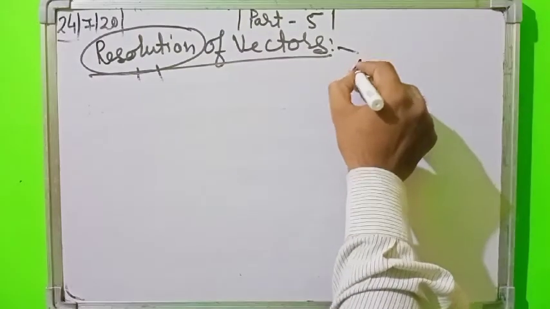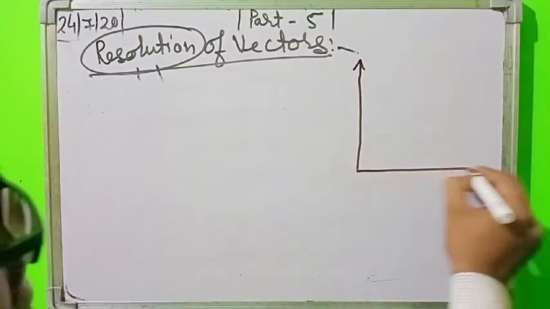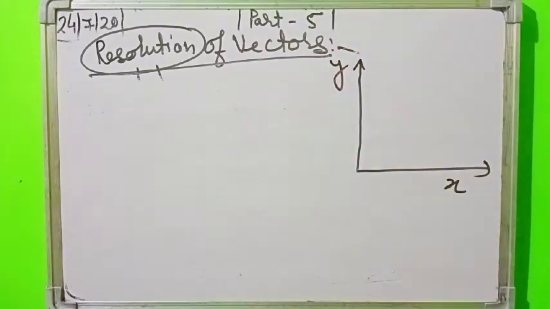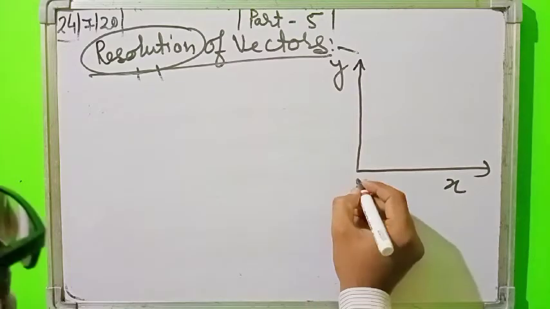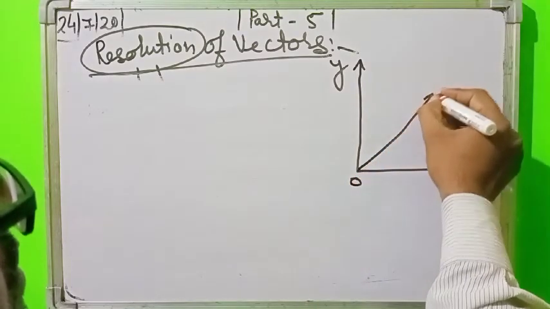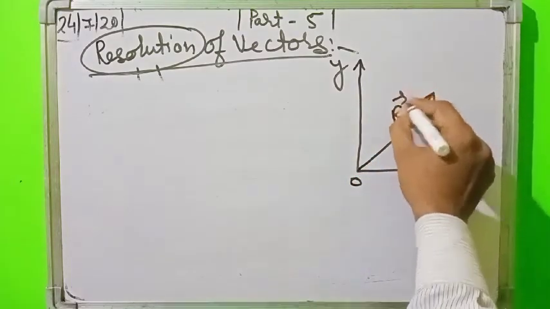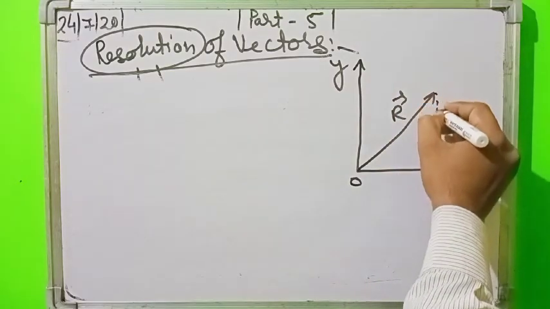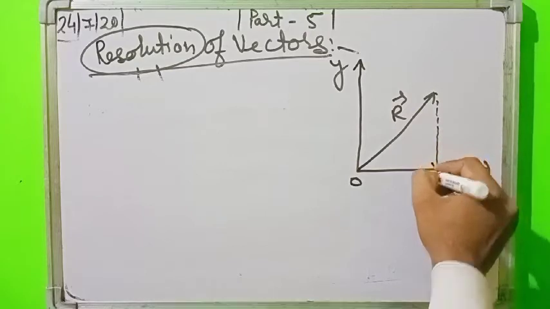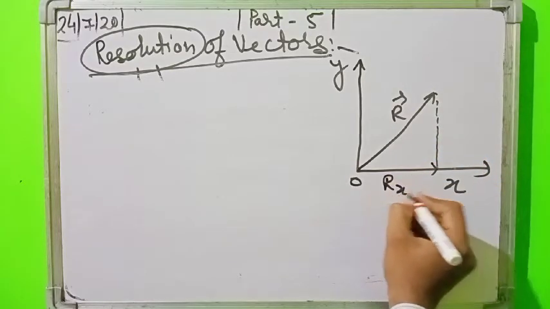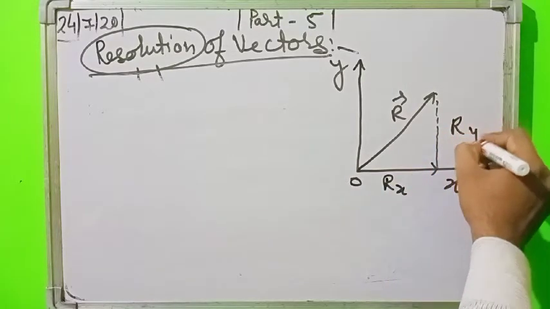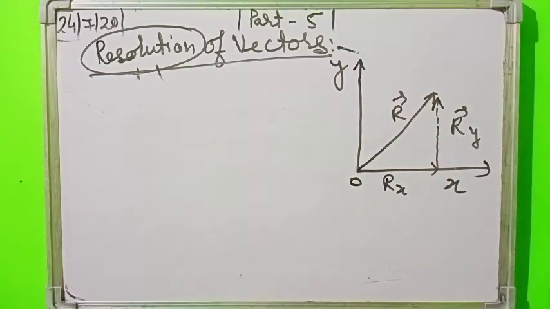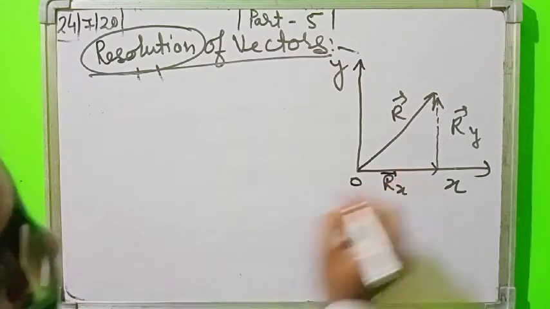I am drawing it. This is y-axis, this is x-axis, and this is vector O. This is r vector, and we had resolved it along rx and ry.